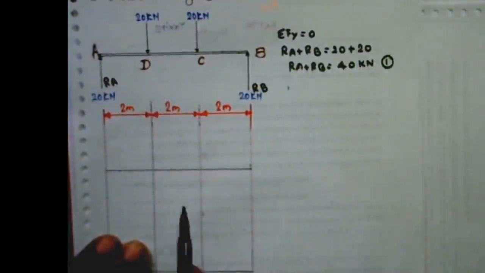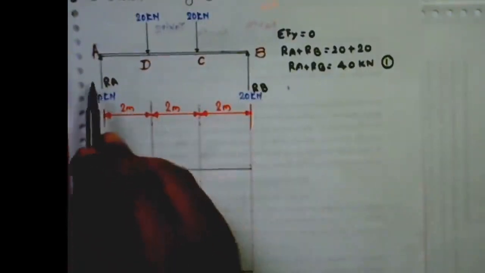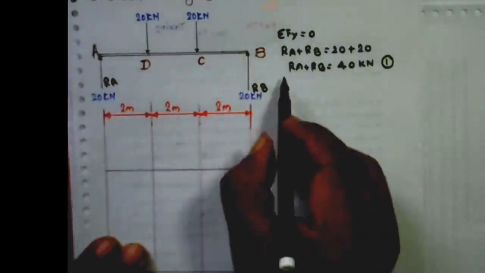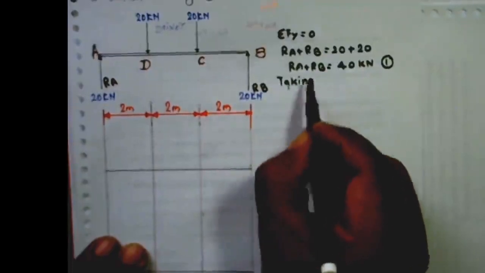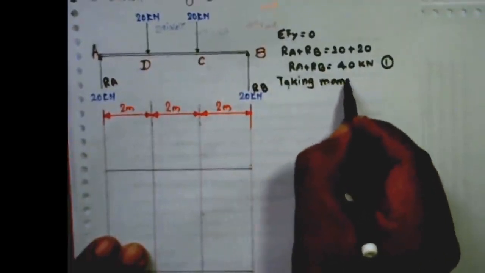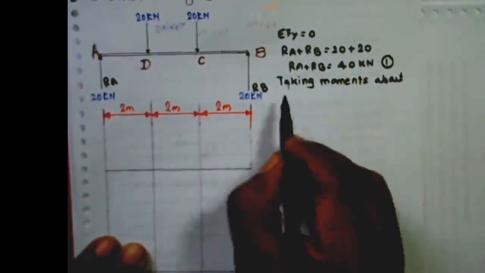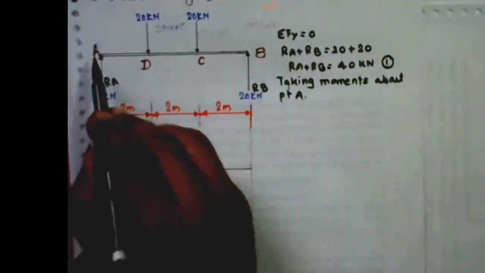Now in this case we have to calculate the values of RA and RB. So we have to take moments about point A or moments about point B. You may take any point. So taking moments about point A, I am going from right to left.